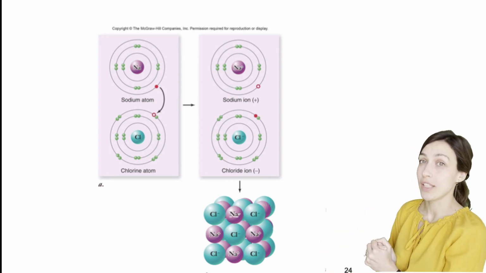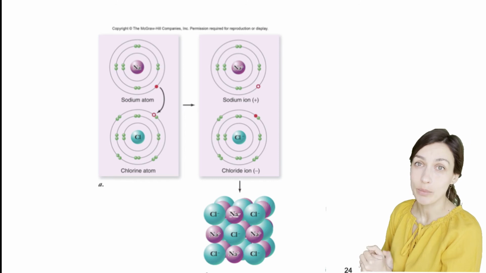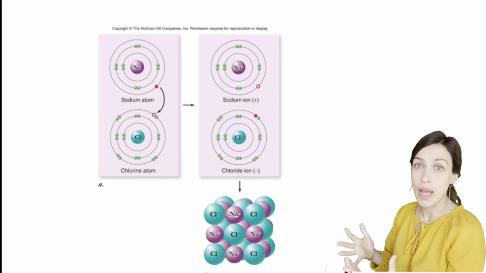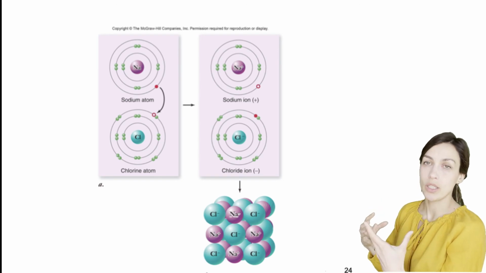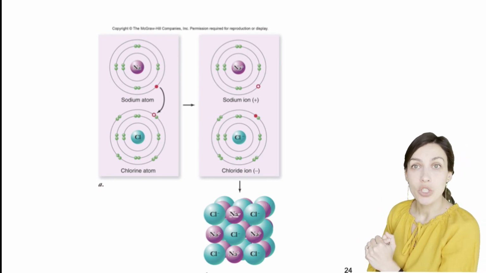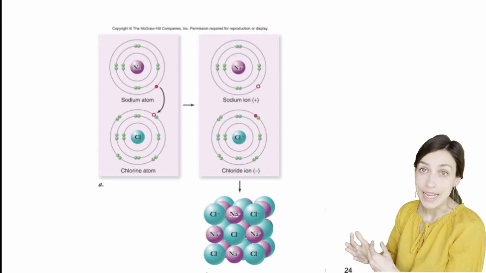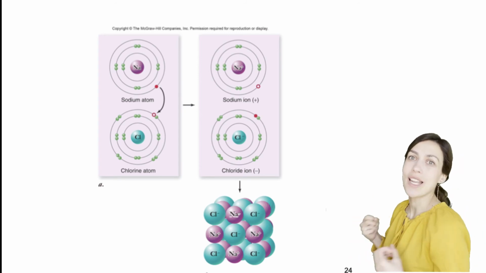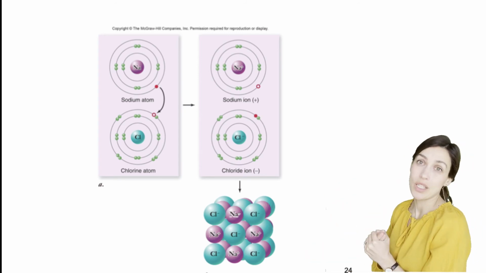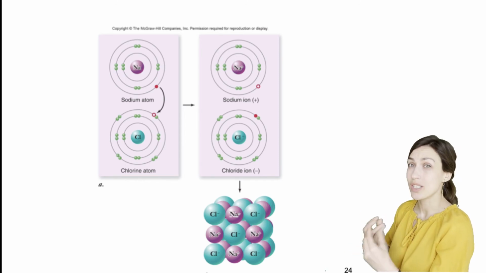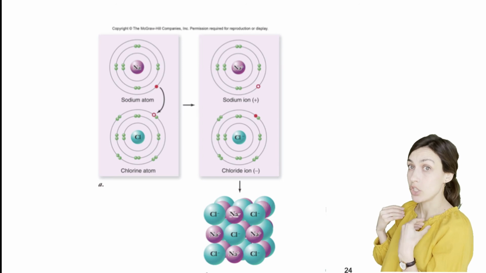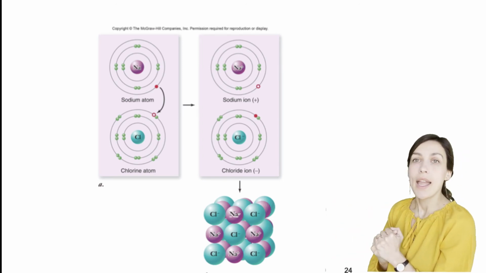Well, gaining 7 electrons is basically impossible for this atom. It's just too much, and that nucleus is not going to be able to hold on to all those extra electrons. So sodium generally tends to lose an electron. But you can't just throw it out there into the universe. Something has to pull it away from you, just a little bit at least, so you can get rid of it.